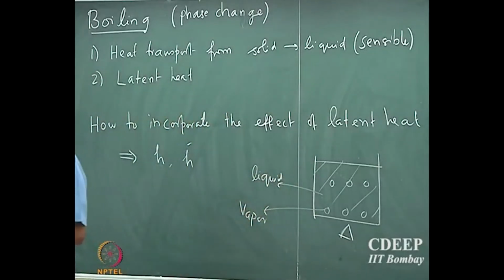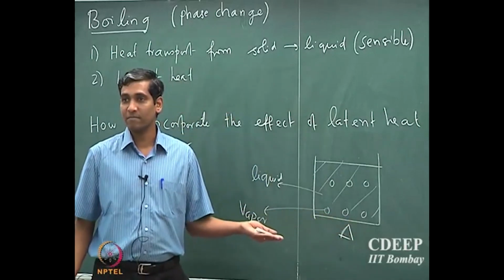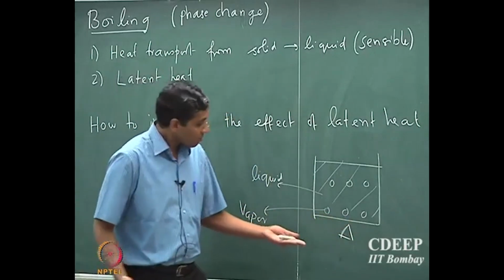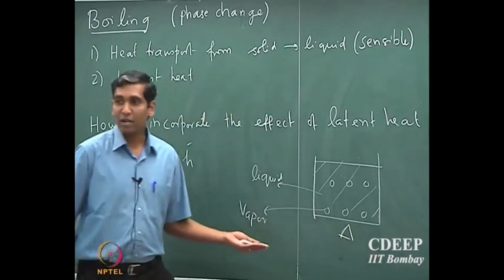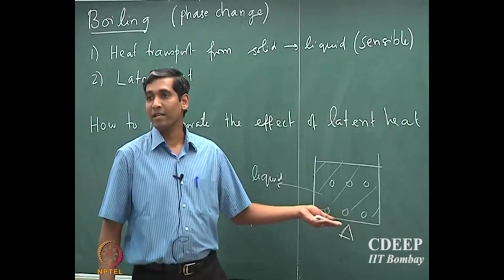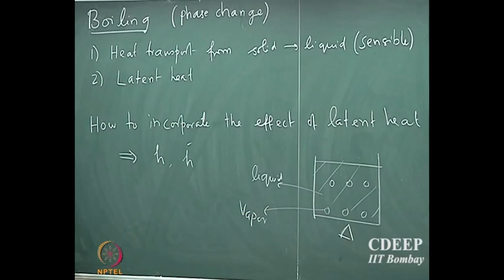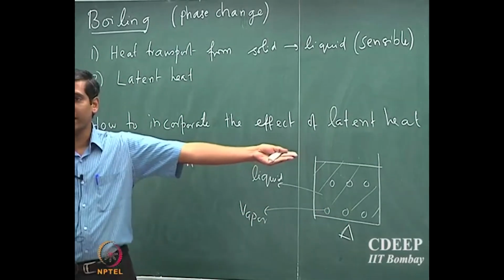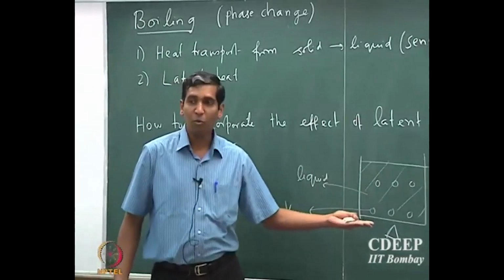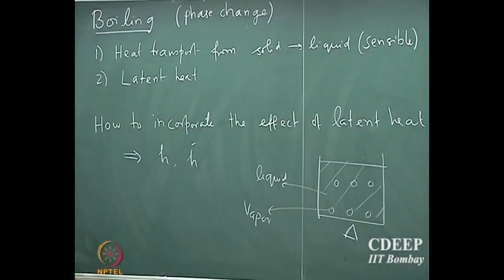Therefore, the net amount of heat that is transported depends upon what fraction of this fluid is going to be in the vapor state. So, we will have to now incorporate the extent of vapor which is formed inside this beaker in our heat transport calculation. It is not enough to simply know the amount of latent heat, but it is also important to know what fraction of the fluid is converted to the vapor state.